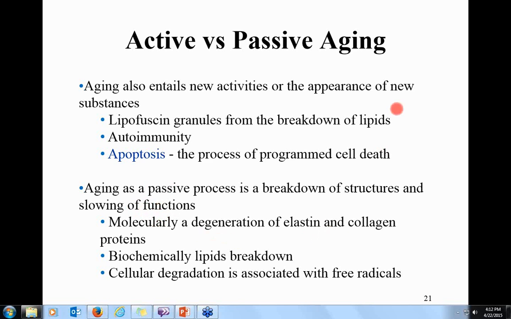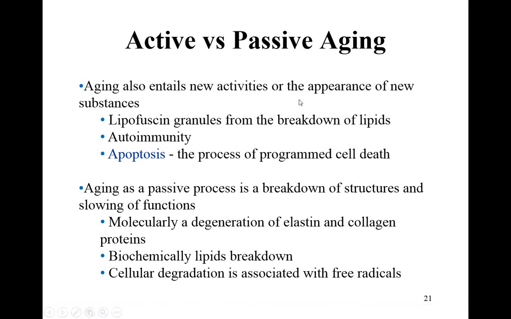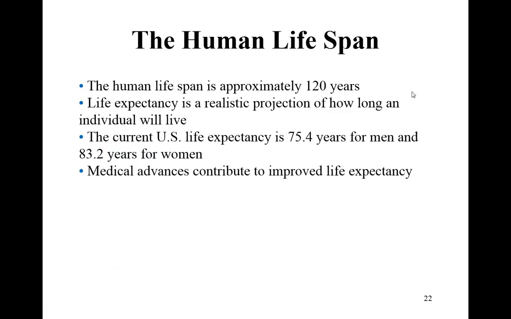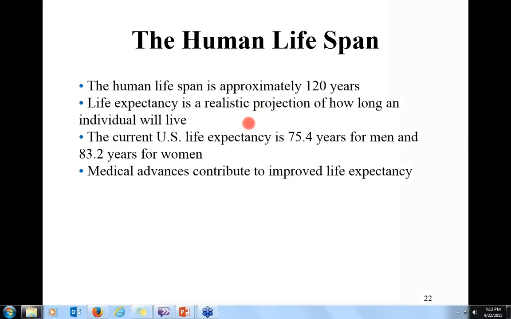I'll let you read those. The human lifespan can be up to 120 years. In the United States, it is 75 years for men and about 83 years for women. And of course, lots of factors figure into that.